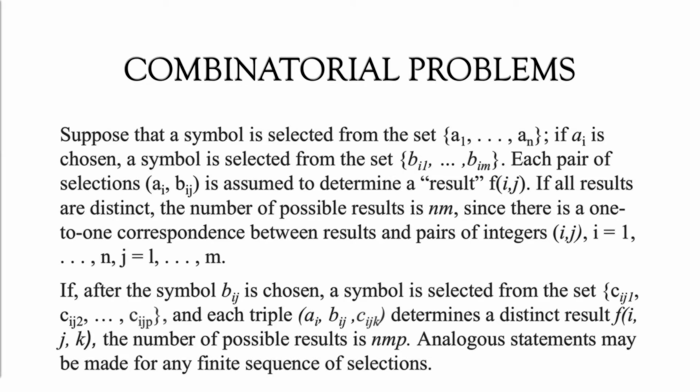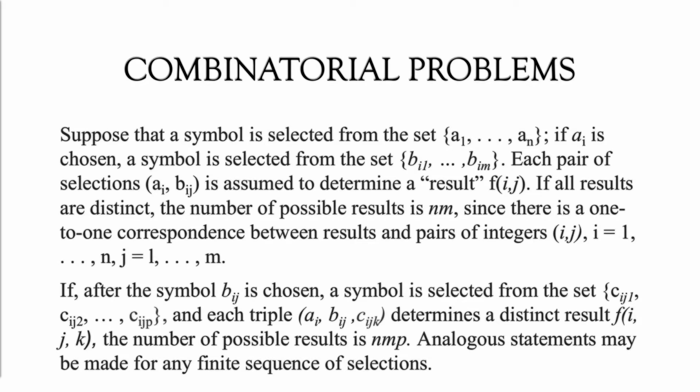In each triple, a sub i, b sub ij, c sub ijk determines a distinct result, a function of the triple i, j, and k. The number of possible results is mnp. Analogous statements may be made for any finite sequence of selections.